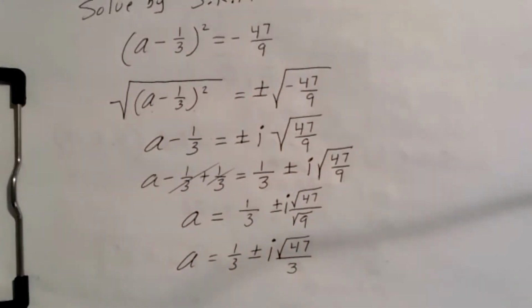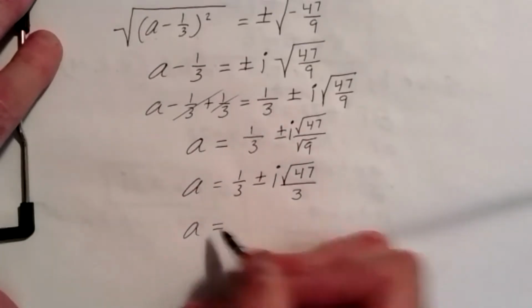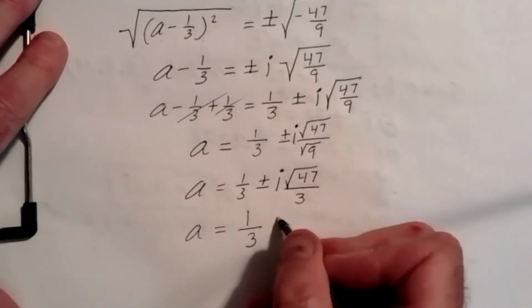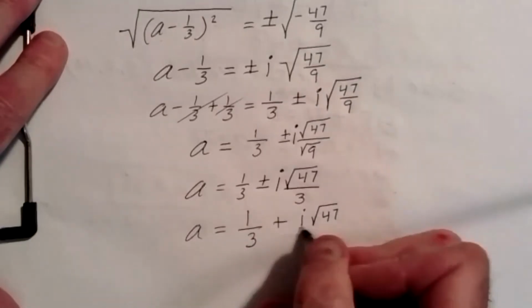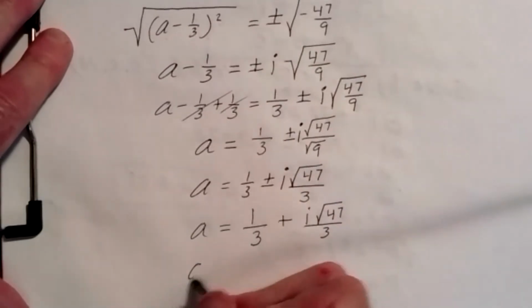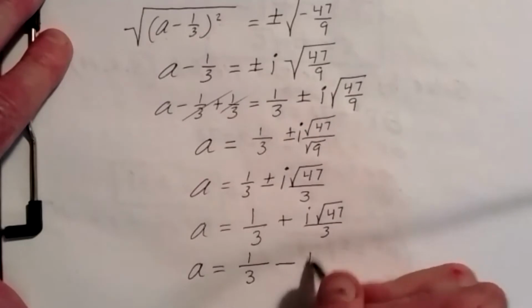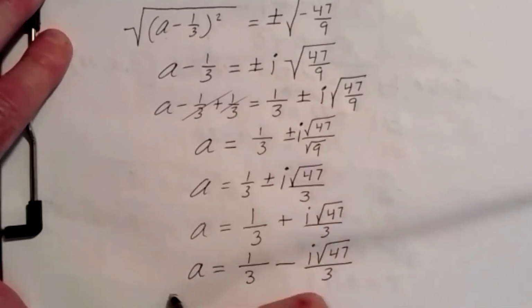Yeah. Everybody see that? So our two solutions of this quadratic equation happen to be complex conjugate solutions. One solution is 1/3 plus i square root of 47 over 3. And the other solution is the complex conjugate solution, 1/3 minus i times the square root of 47 over 3.